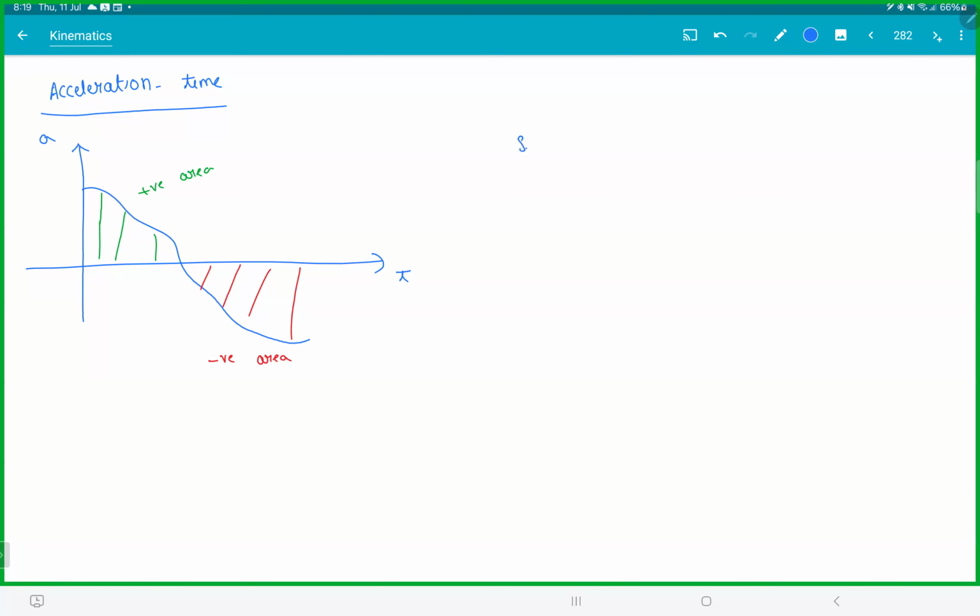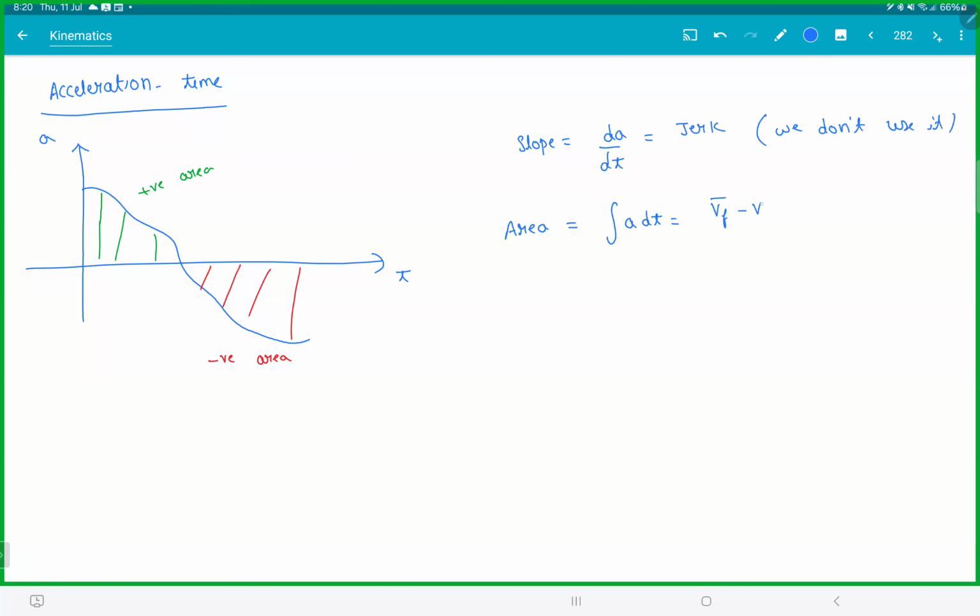So here slope is dA by dt. There is a name for this. They call it jerk, but we don't need it. So it is actually kind of useless for us. So in the AT graph, the most important thing is the area. Area is acceleration into time, which is change in velocity.